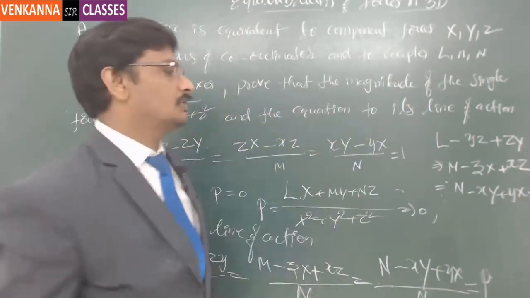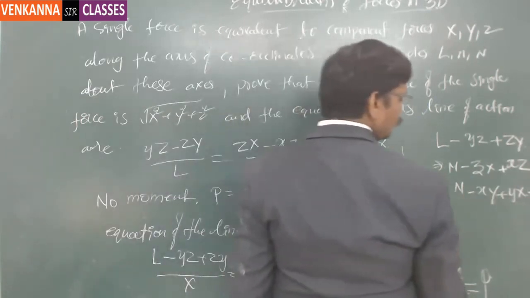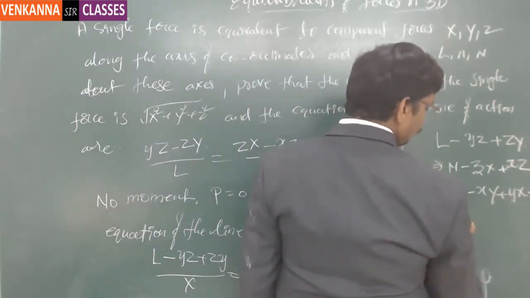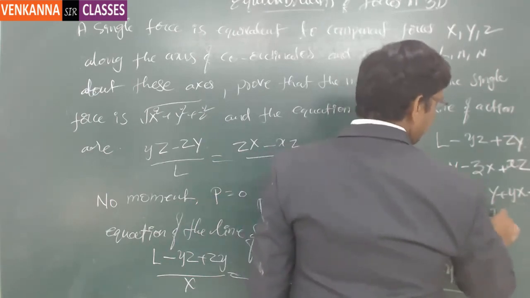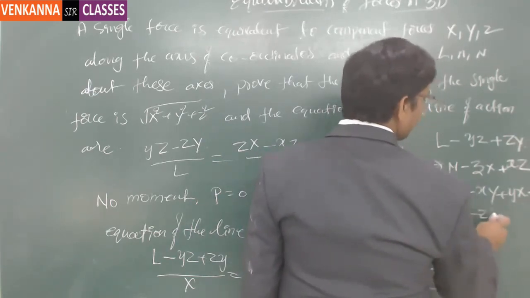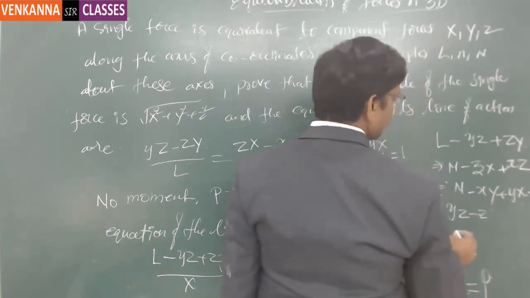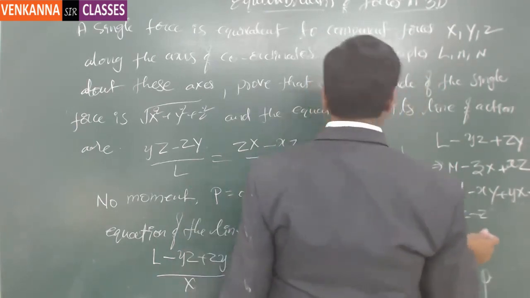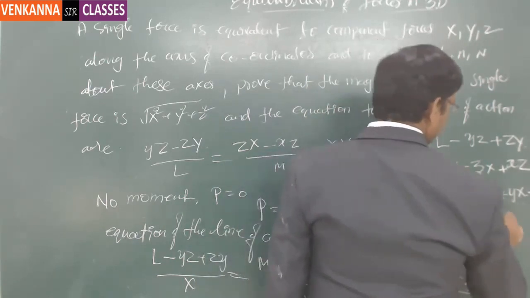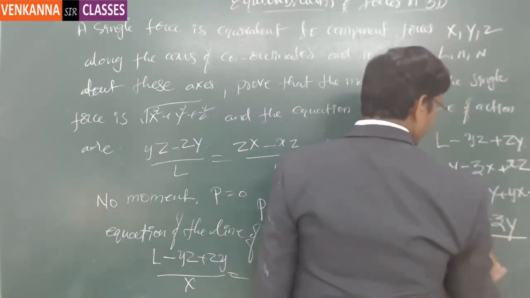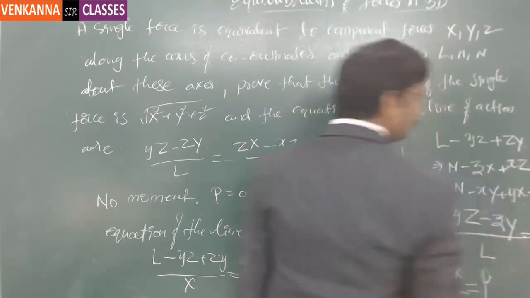If that is equal to 0, for each equation you can calculate this value. (yZ minus zY) divided by L equal to 1.